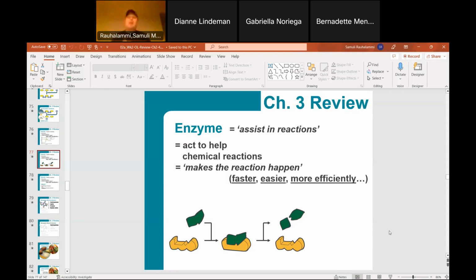This reaction would happen anyway, but the enzyme just helps it to happen, and I'm going to use, in quotation marks, "better": whether it's faster, easier, more efficiently, with less energy, more completeness. Once it has helped this reaction to happen, the enzyme returns back to its normal shape as the substrate leaves the active site of the enzyme, and the enzyme can be reused time and time again. So that's the question that we were seeing.